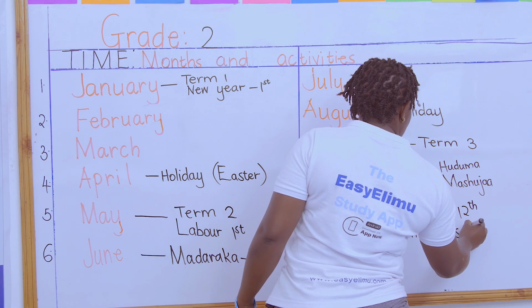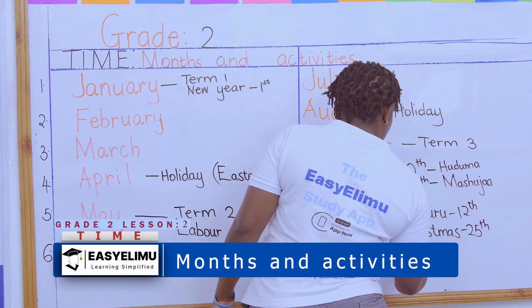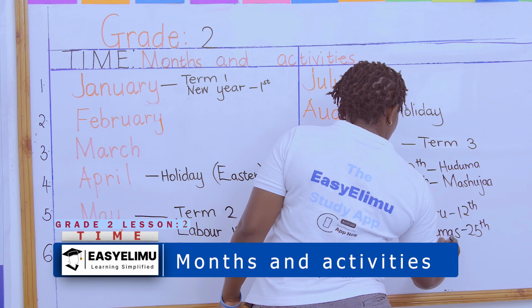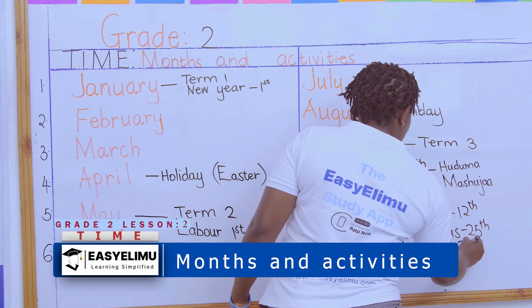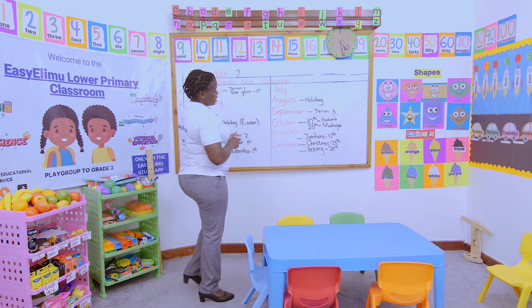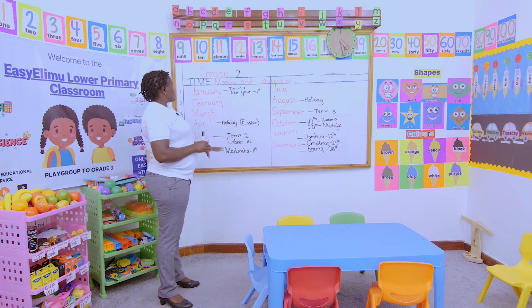Then Christmas on 25th. Then we have another one called Boxing. Teacher, what is Boxing? Do people fight during that day? No. This is when you open the presents you are given by people during the Christmas party or Christmas celebrations. So this is how the months and the activities go.